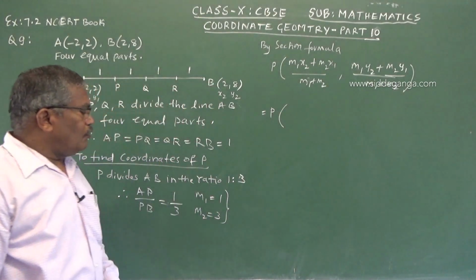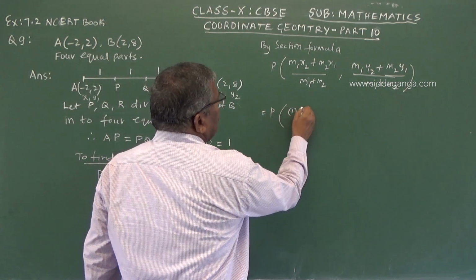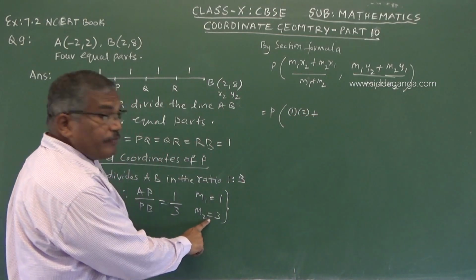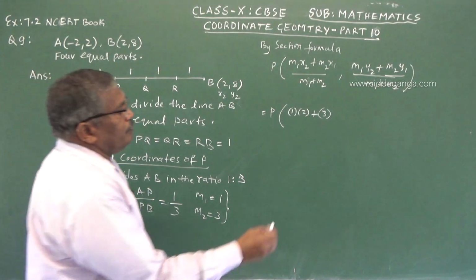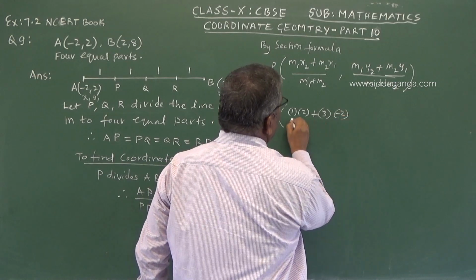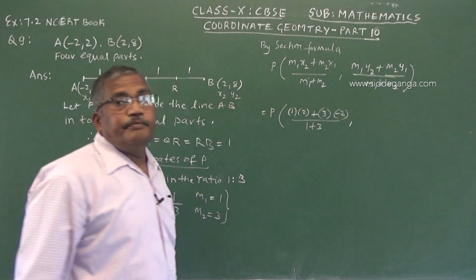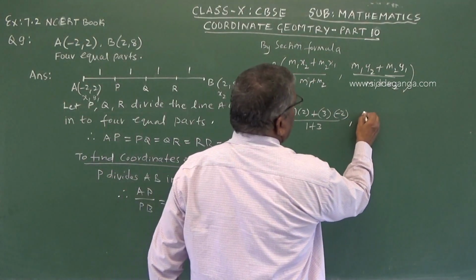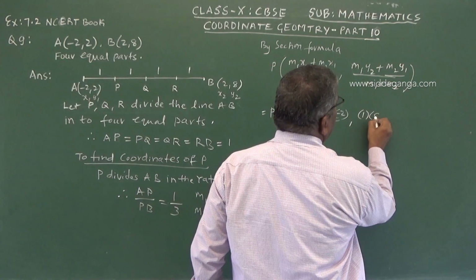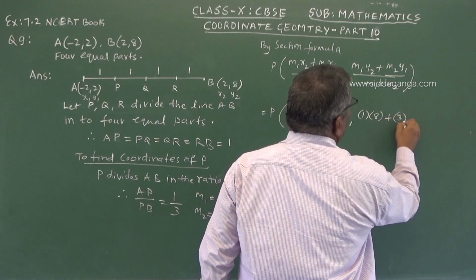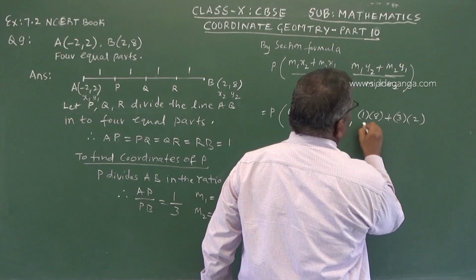Coordinates of P are given by M1 x2: M1 is 1, x2 is 2, plus M2 is 3, x1 is minus 2, divided by M1 plus M2, which is 1 plus 3, comma, M1 y2: M1 is 1, y2 is 8, plus M2 is 3, y1 is 2, divided by 1 plus 3.